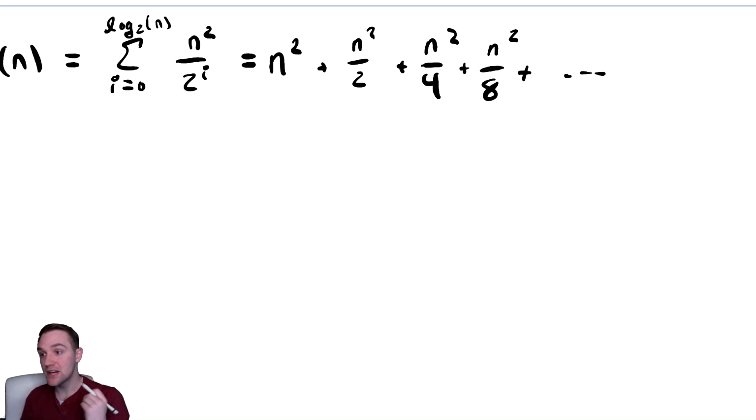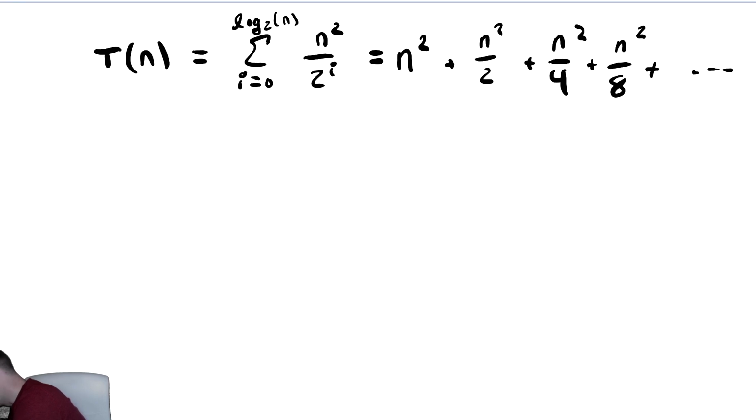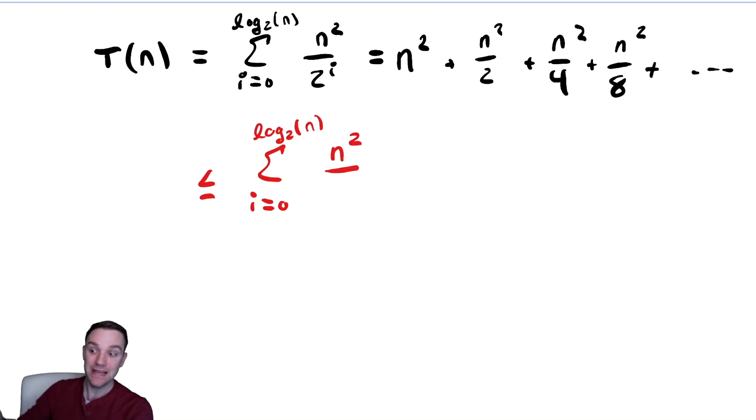And if we try to bound this above, let's use the technique we used. To bound it above, we bound it above by the biggest term in the summation. So this is less than or equal to the sum from i equals 0 to log base 2 of n. And we replace i with the smallest value because it's decreasing, to make it as big as possible.